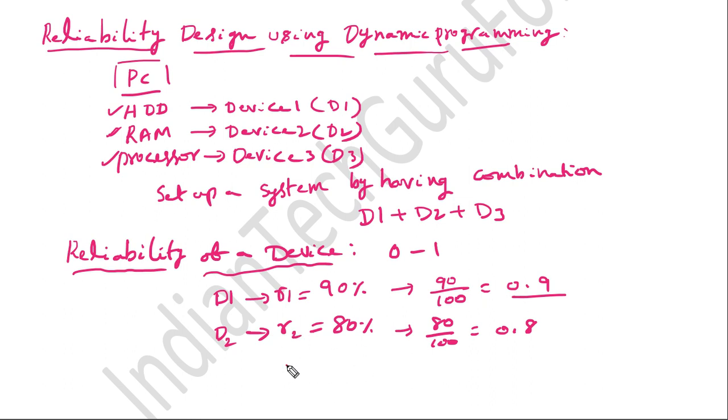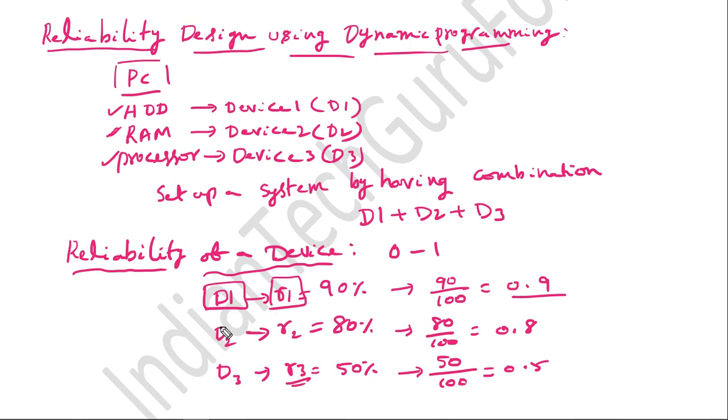Similarly, if the processor has a reliability of 50%, that is 50 by 100, which is 0.5. Then R3 represents the reliability of device D3. So now we know what is meant by a device and by the reliability of a device.